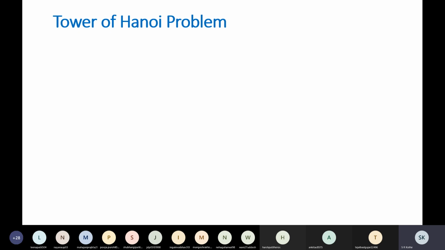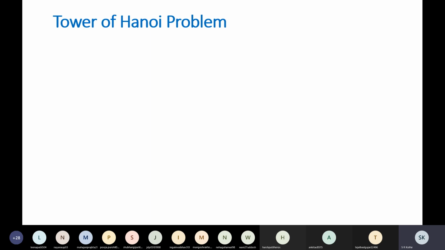But if you use the problem reduction technique, then problem solving becomes easier. So we will apply this technique to the Tower of Hanoi problem so that you can solve it easily.